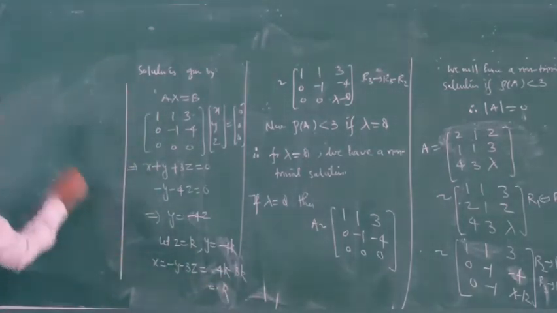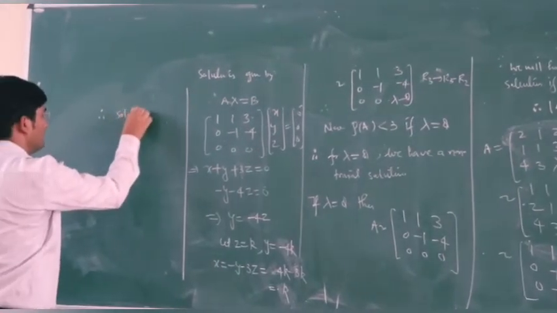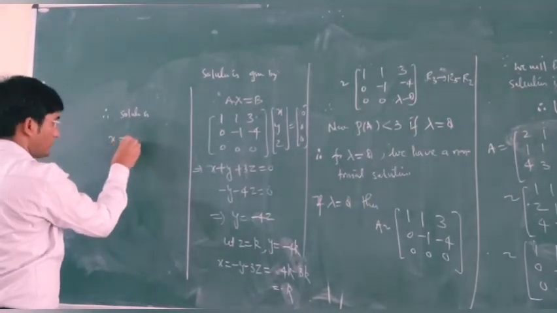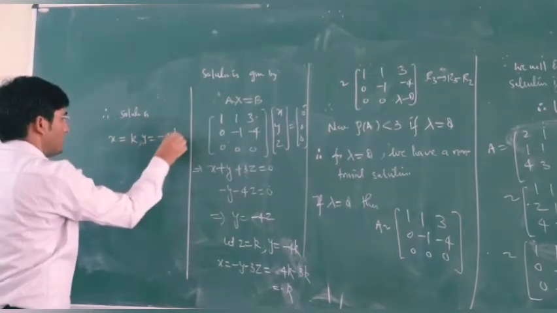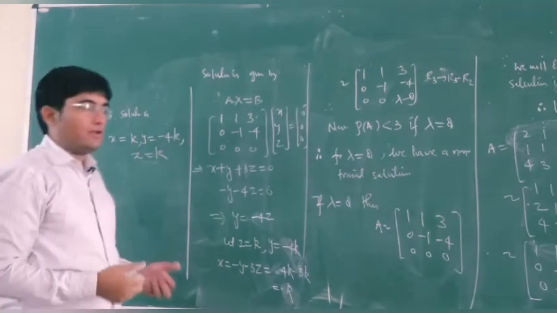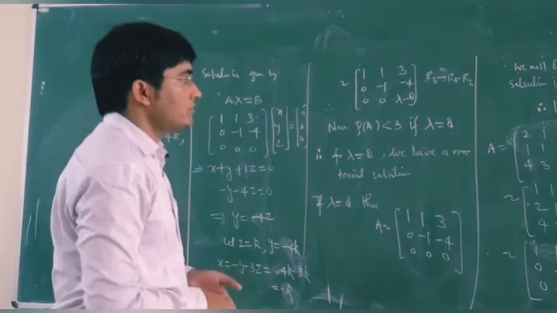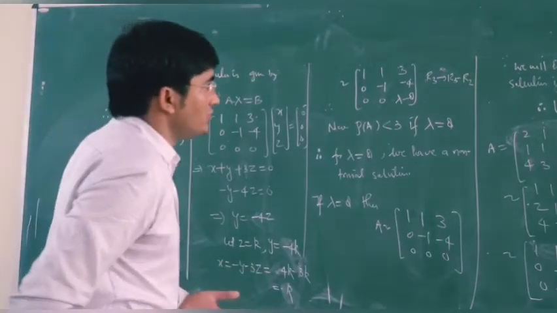Therefore, your solution is x = k, y = -4k, and z = k. And as k is arbitrary, we have infinite solutions, and you can verify this solution.